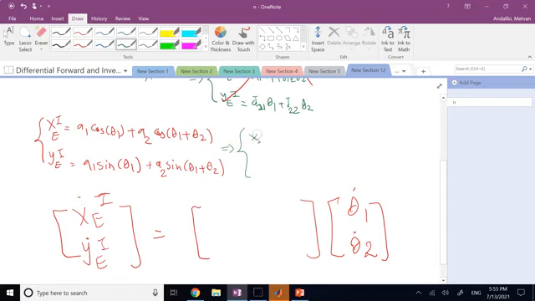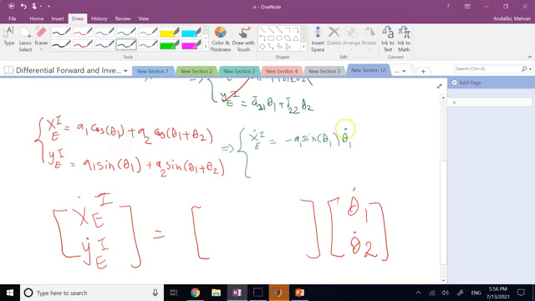You will get x of e dot is equal to what? What is the time derivative of a1 cosine of theta 1? Well, it is negative a1 sine of theta 1. But since you are taking the time derivative, not the derivative with respect to theta 1, there will be an extra term, which is what?